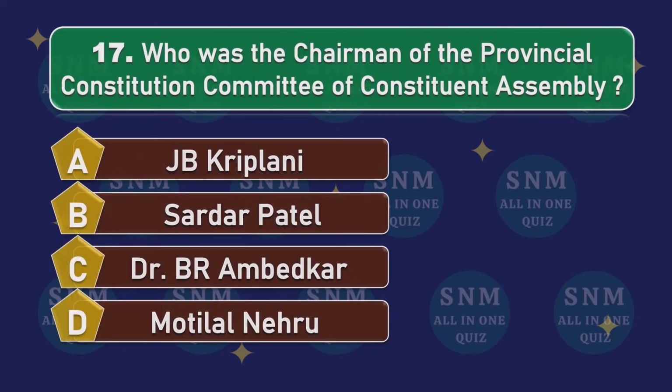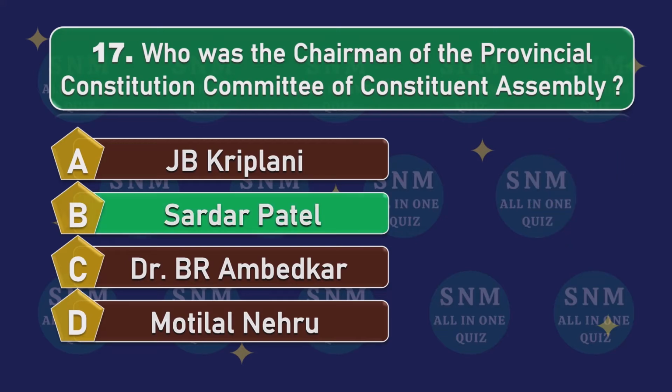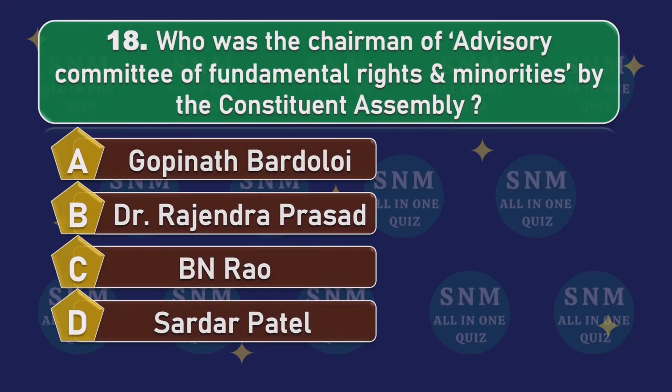Who was the chairman of the Provincial Constitution Committee of Constituent Assembly? Sardar Vallabhbhai Patel. Who was the chairman of Advisory Committee of Fundamental Rights and Minorities by the Constituent Assembly?